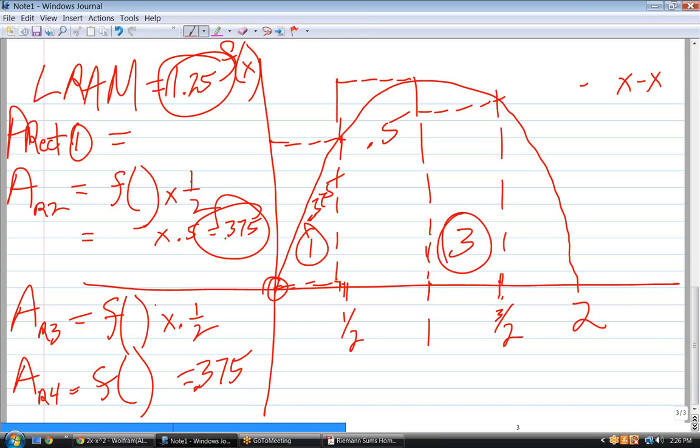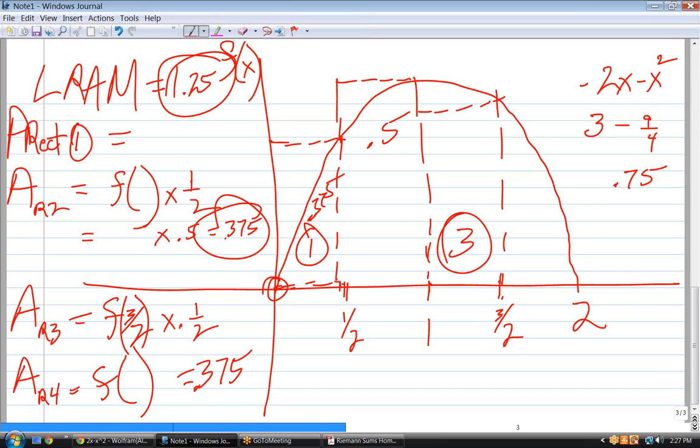Let's see. We're using right rectangles, so it's 3/2. This was 2x minus x squared. 3/2 is 3 minus 9/4. That should be 0.75.